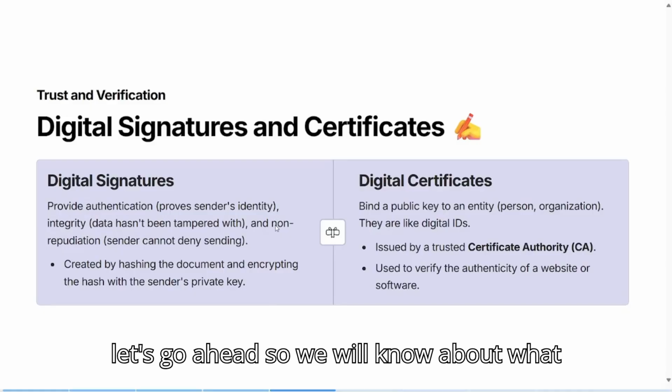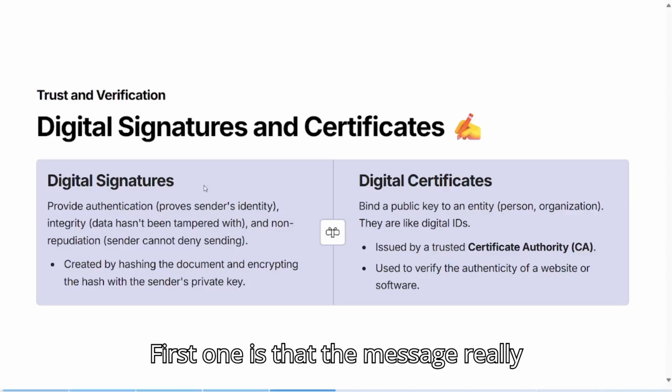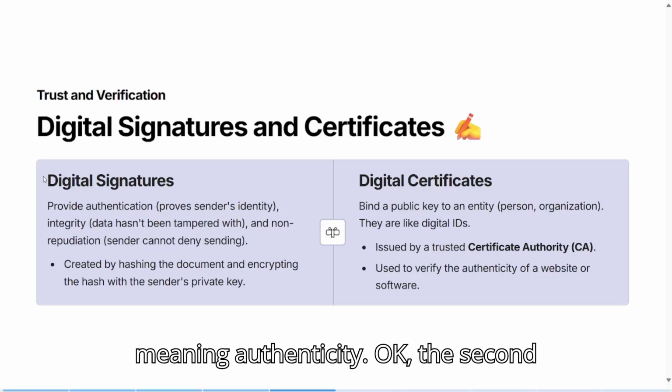Now we will learn about digital signatures and certifications. A digital signature uses asymmetric encryption and proves two things. First, that the message really came from the sender, meaning authenticity.